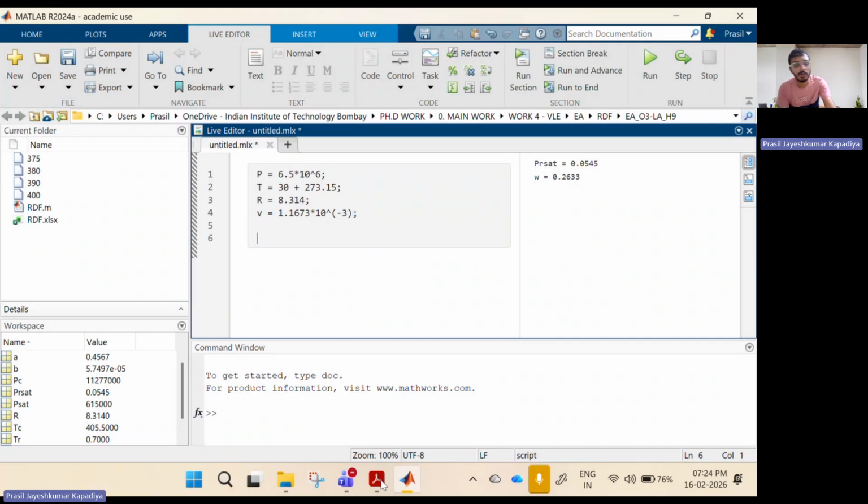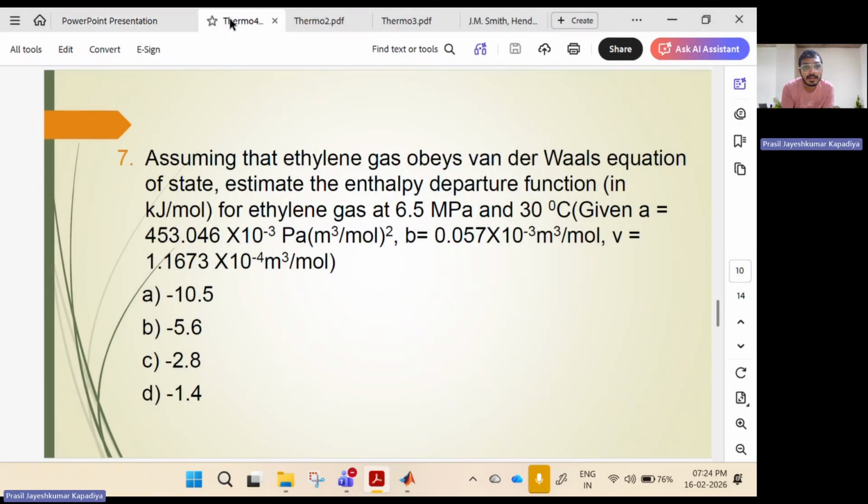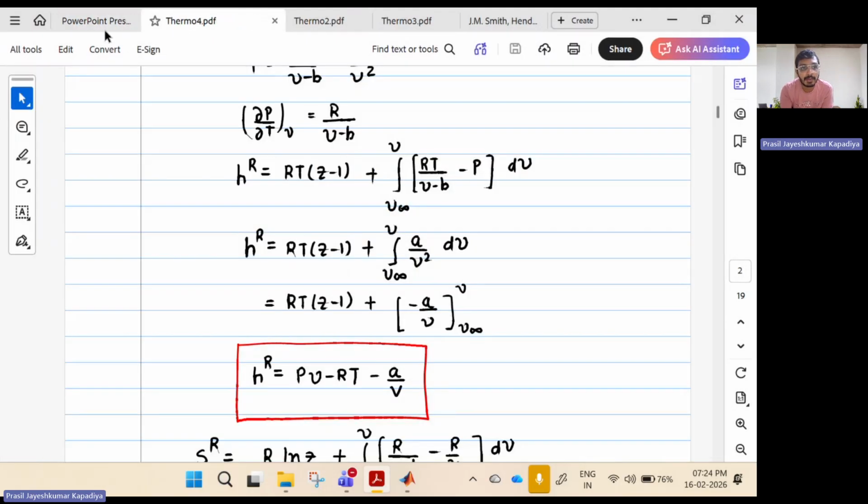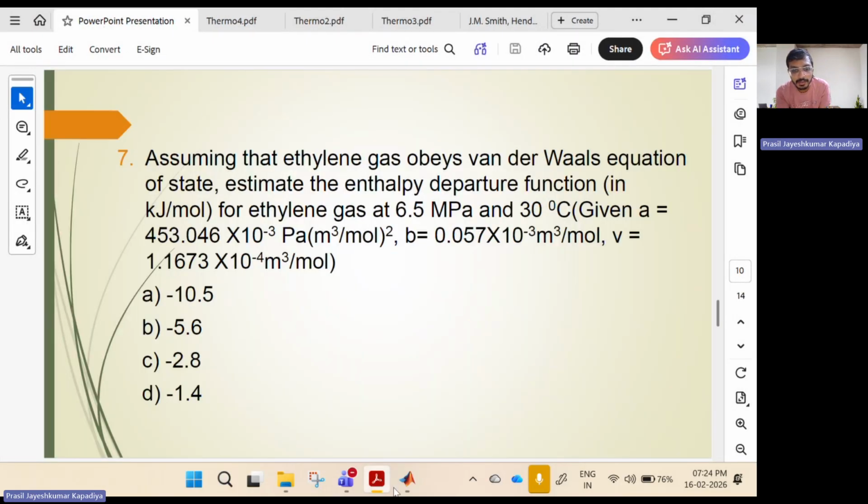So what will be my residual enthalpy? HR is equal to PV minus RT minus a by V. So I also need to define a and b.